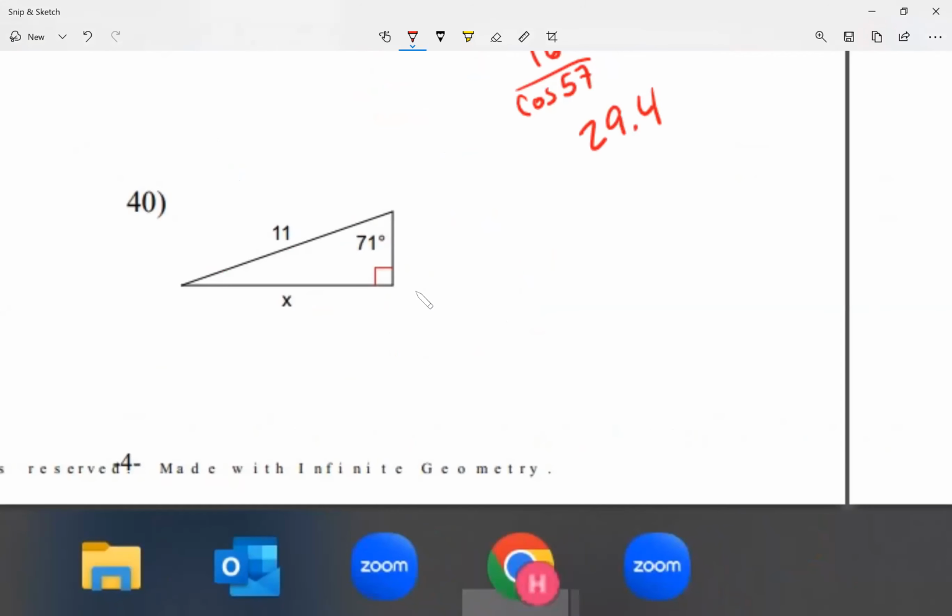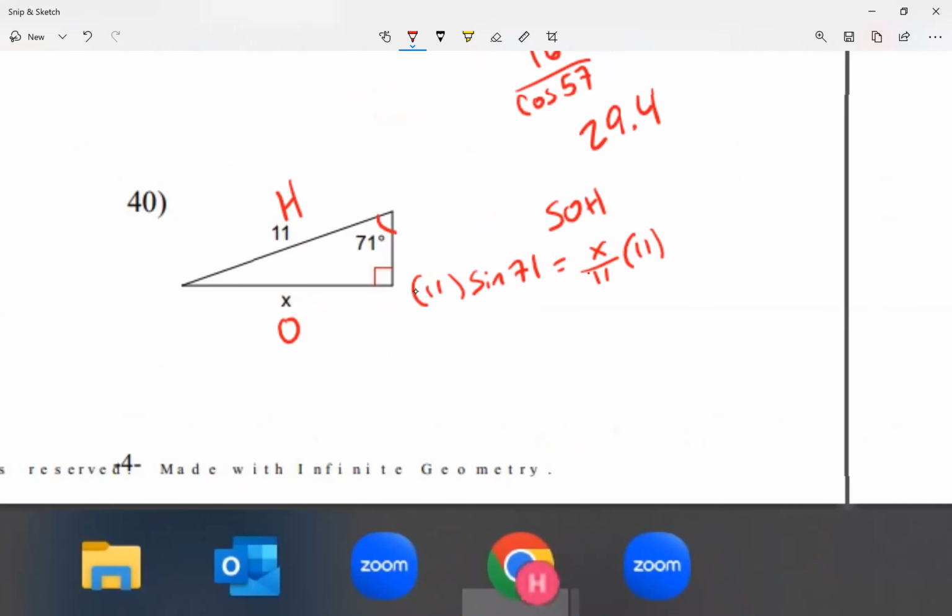Looking at number 40, I have the hypotenuse, and based on the 71 degrees, x is the opposite. I remember the acronym SO, which stands for sine of 71 is equal to x over 11. Let me multiply both sides by 11.